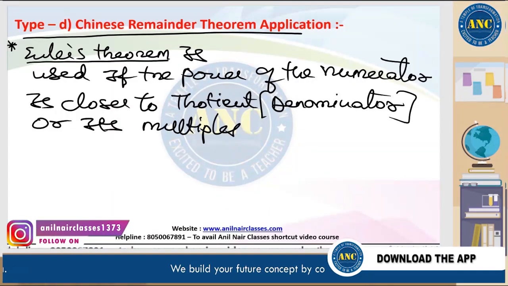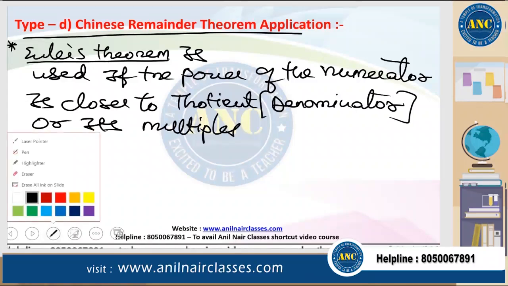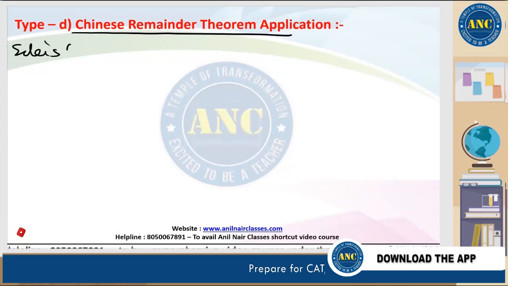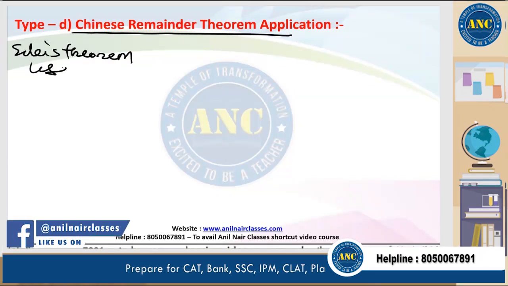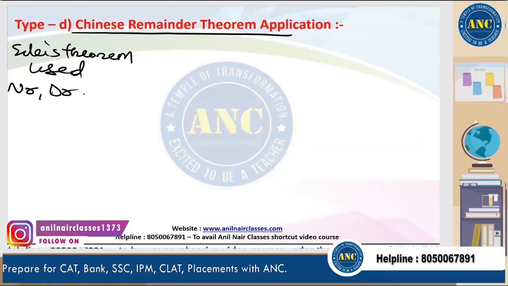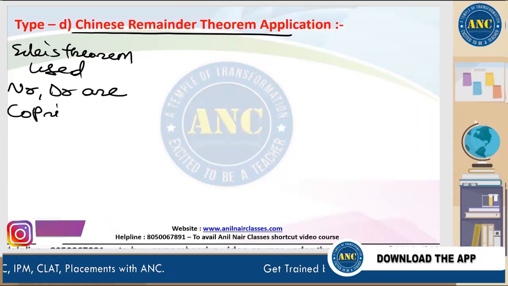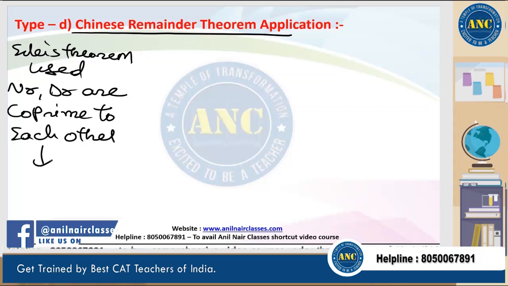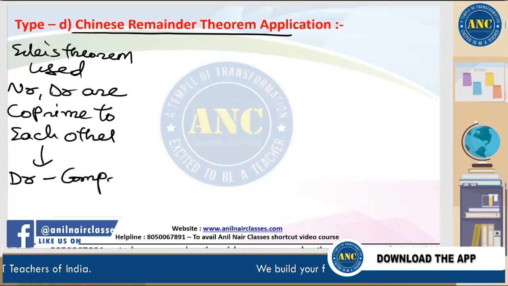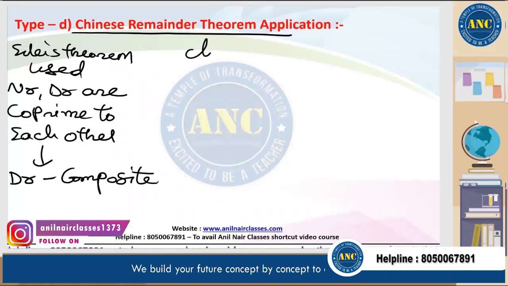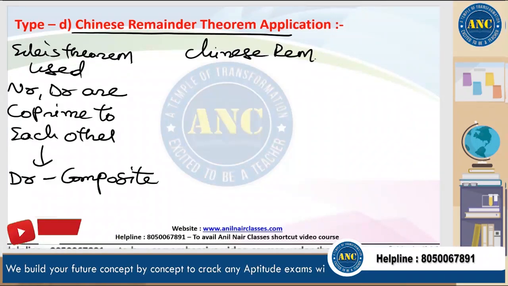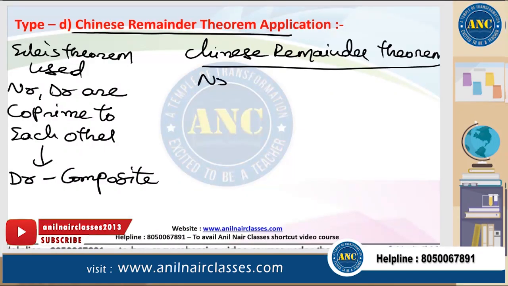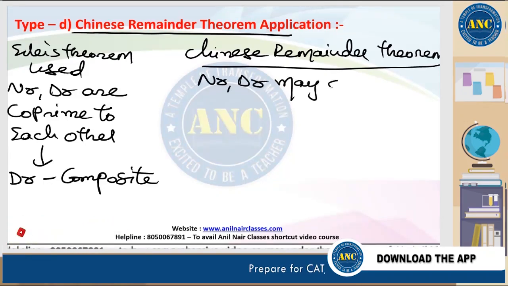Clear, Euler's theorem drawback. Now we will discuss Chinese remainder theorem. First thing, Euler's theorem is used when the numerator and denominator are co-prime to each other. It is also used when the denominator is composite. The Chinese remainder theorem says the numerator and denominator may or may not be co-prime to each other.